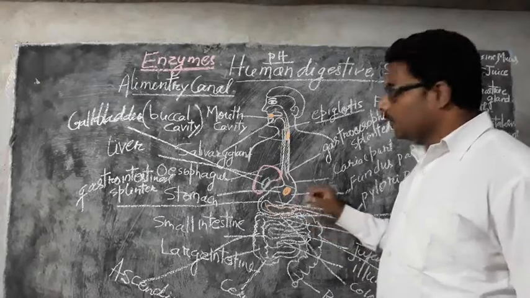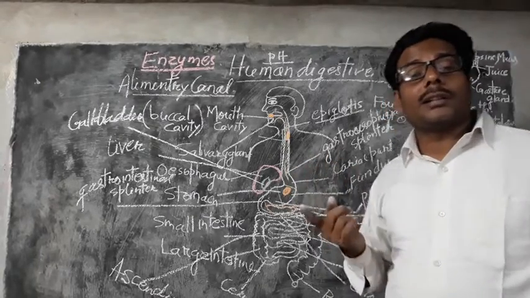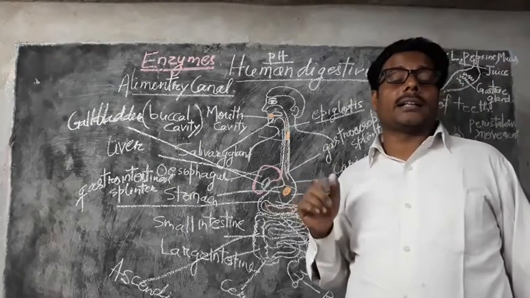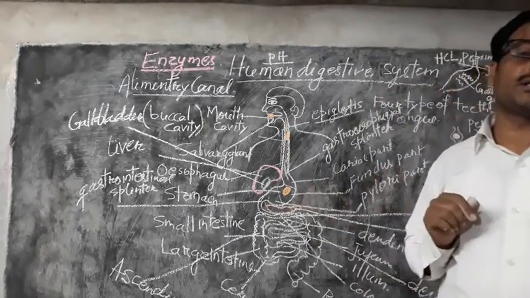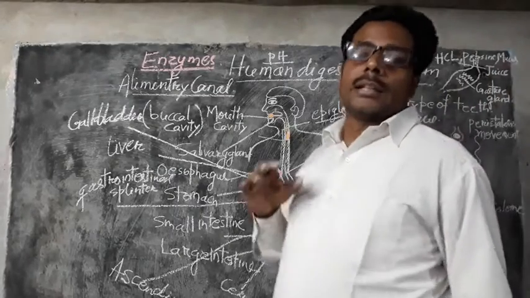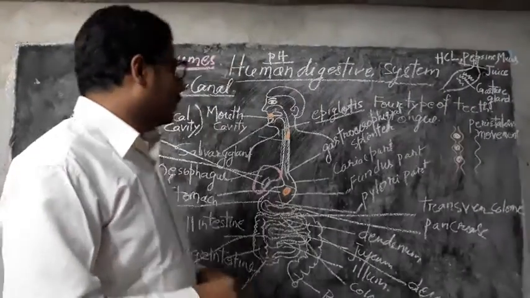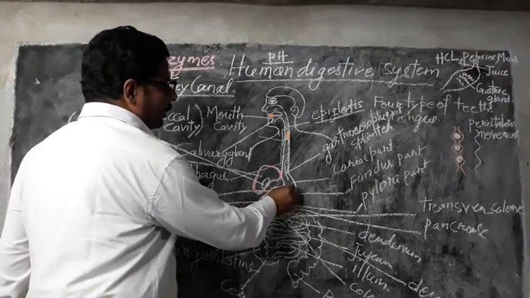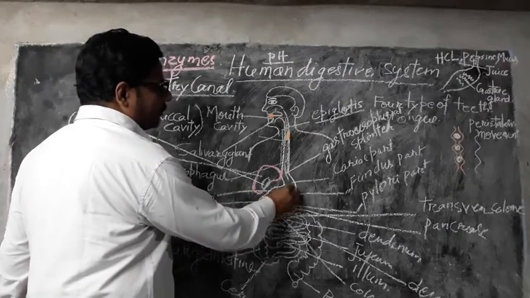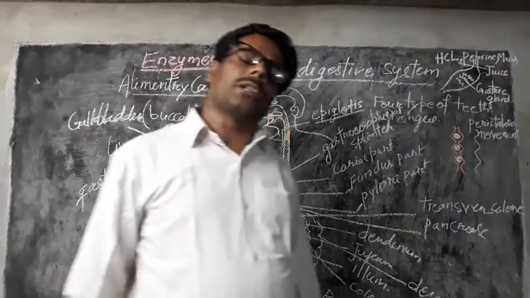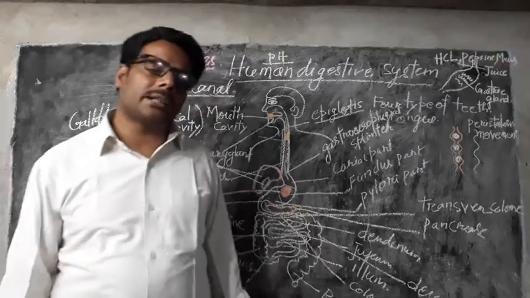Thereafter what happens? The pepsinogen reacts with the protein present in our food. So other components present in the food get digested, and the food further gets converted into a semi-solid, semi-liquid form.